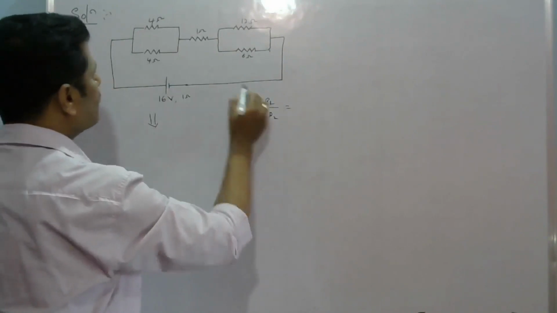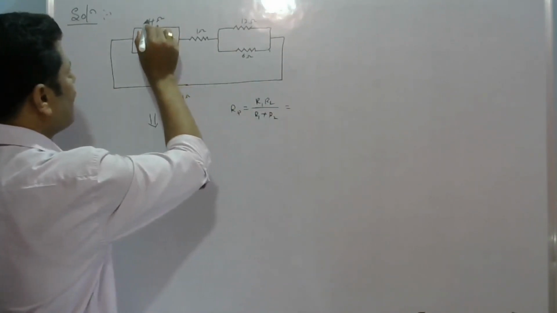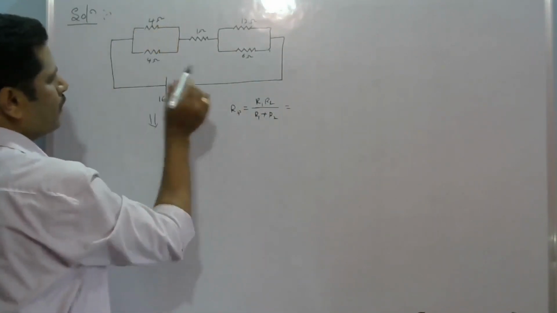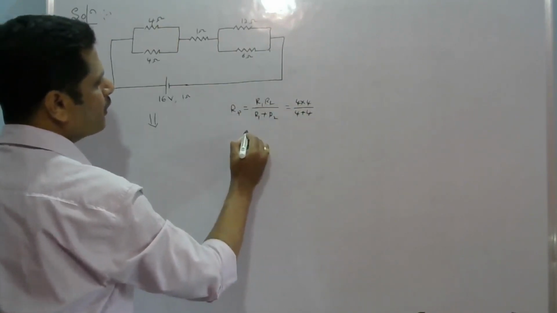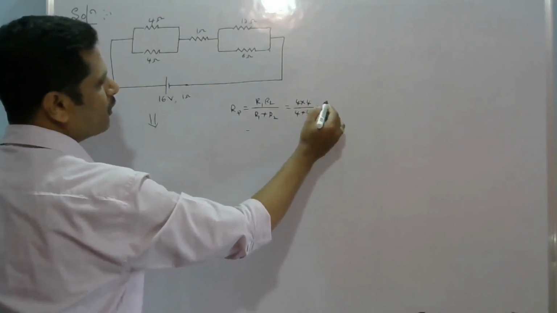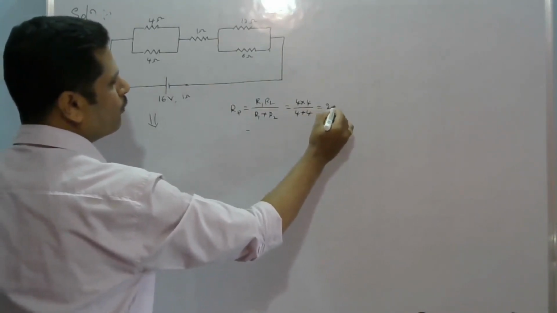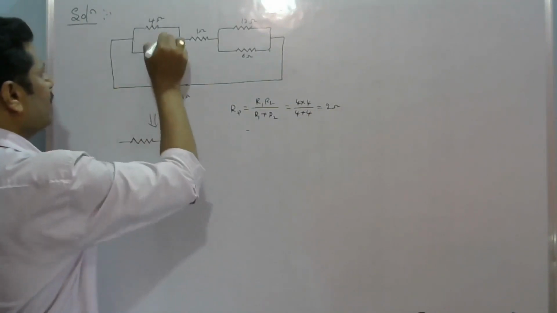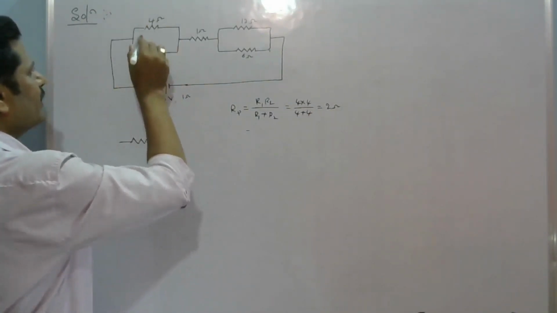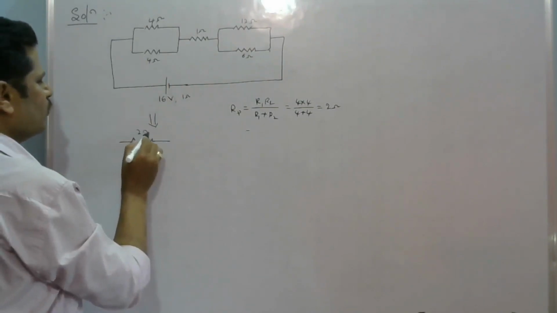Let me consider 4 as R1 and this 4 as R2. So 4 into 4 divided by 4 plus 4, that is 16 divided by 8, 2 ohm. This is the equivalent resistance of these two resistors, equal to 2 ohm.